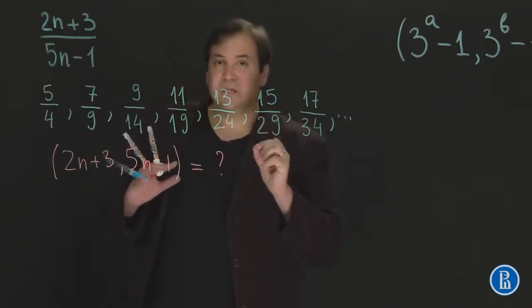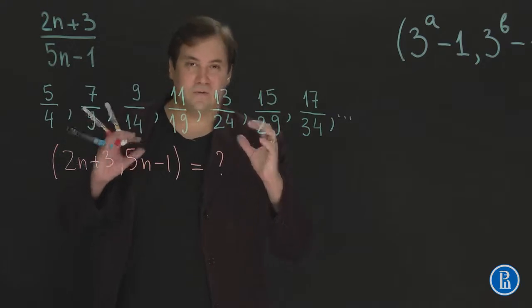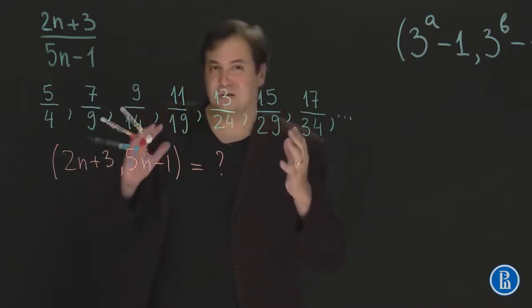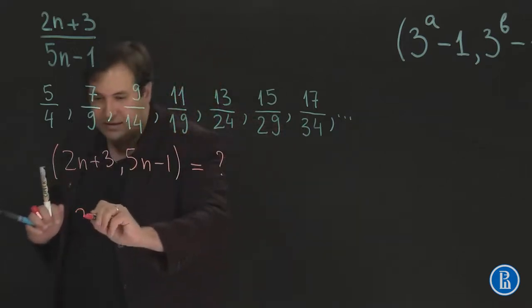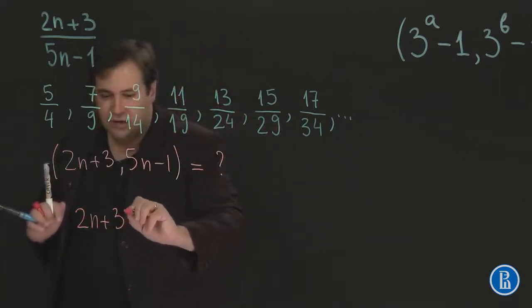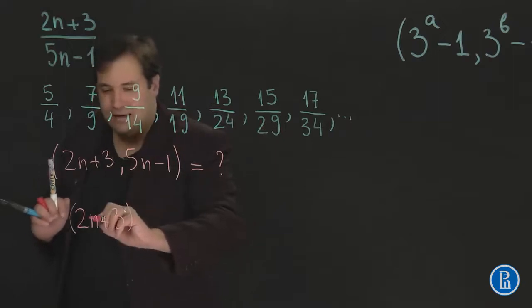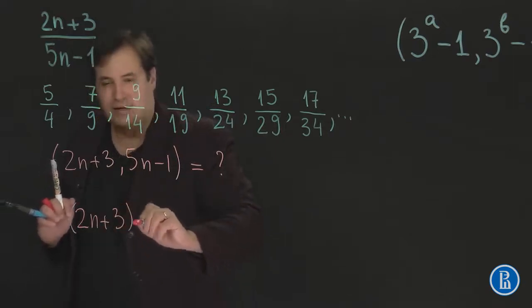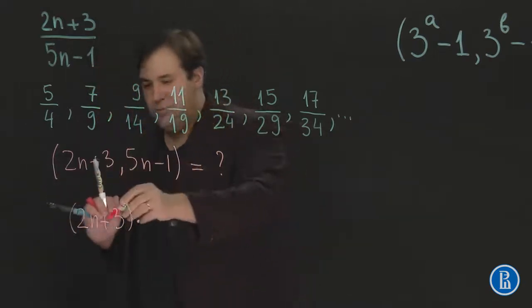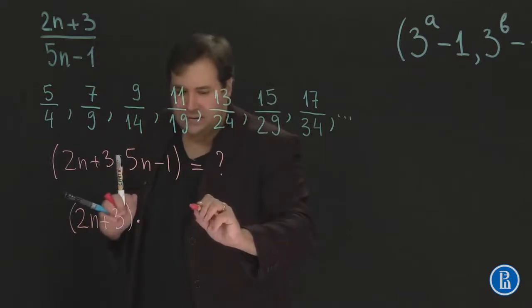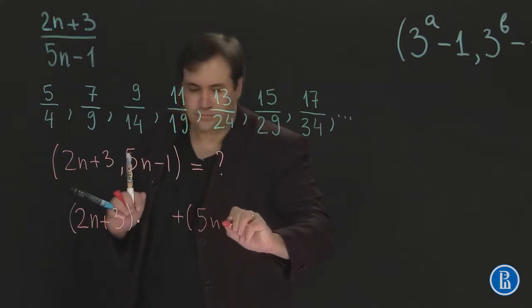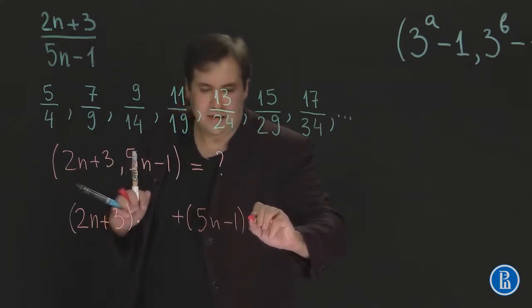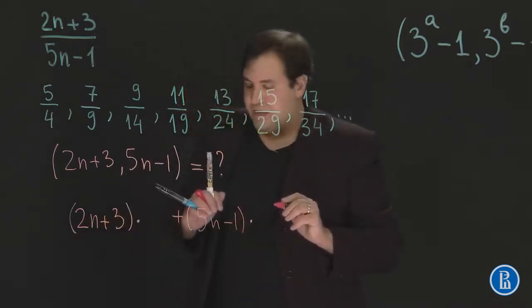And here we will use the idea of linear representation of GCD and try to eliminate n by multiplying the numerator and the denominator by some integers.